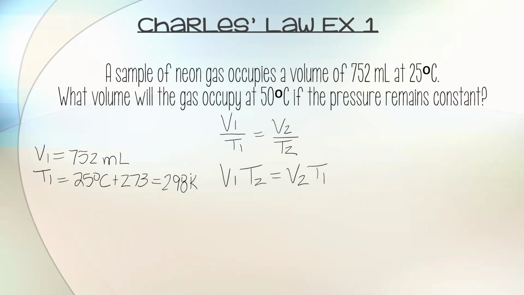Make sure you're always changing. It says what volume, so V2 is what we're solving for, in milliliters. And then T2 is 50 degrees Celsius, but once again we have to change it to Kelvin, so we're adding 273.